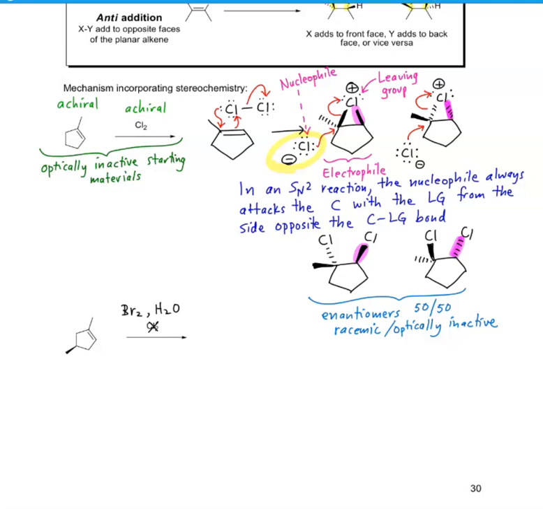Okay, the alkene itself is chiral, so it's optically active. So even though bromine and water are optically inactive, we have optical activity somewhere in our starting materials, and so we're going to expect that the product will also be optically active. Let's draw a mechanism and see how this works out.